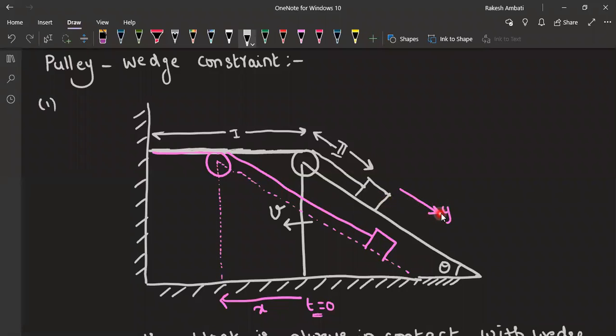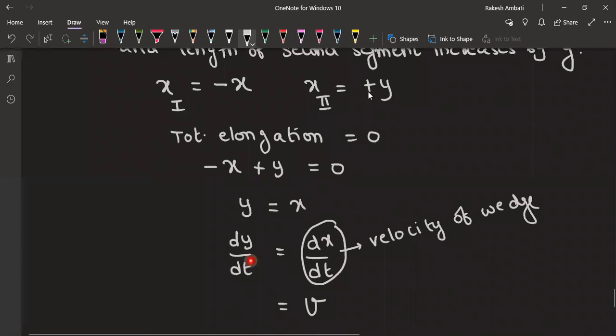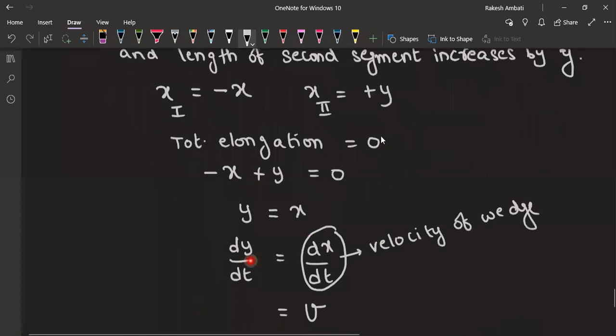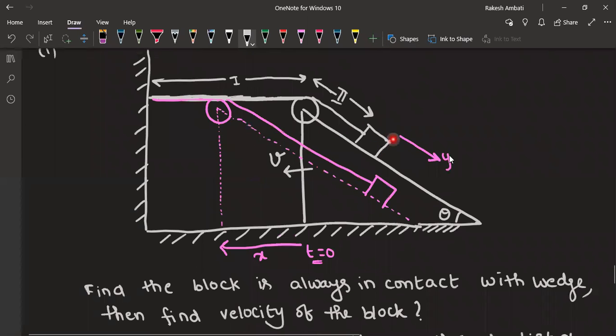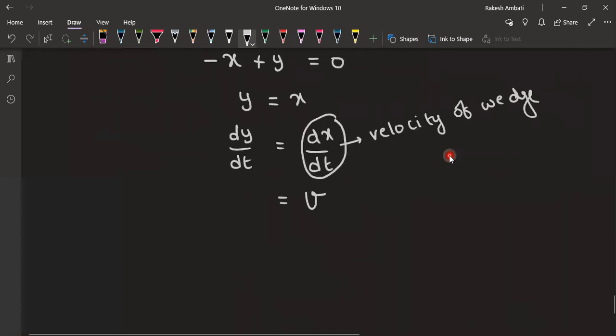So dy by dt is a velocity, but this velocity belongs to the block. So in place of dy by dt, I am writing block velocity. But it is wrong. It is not the block velocity. It is the block velocity with respect to the wedge.